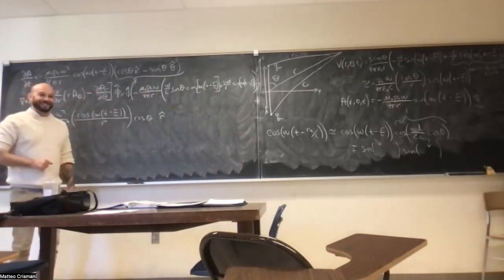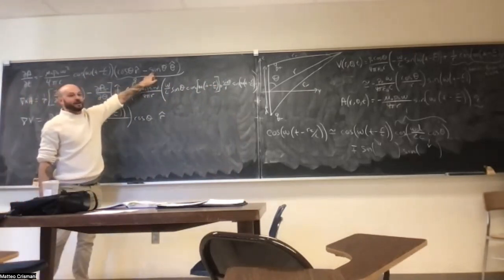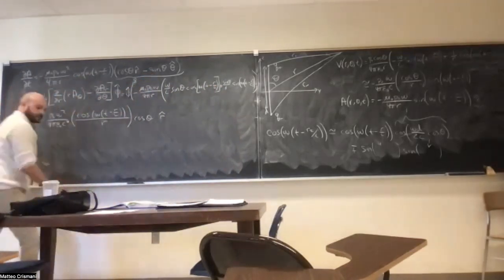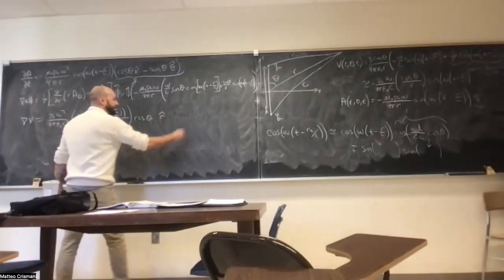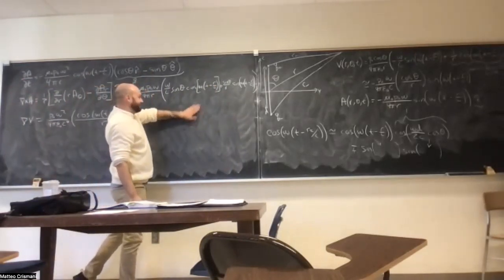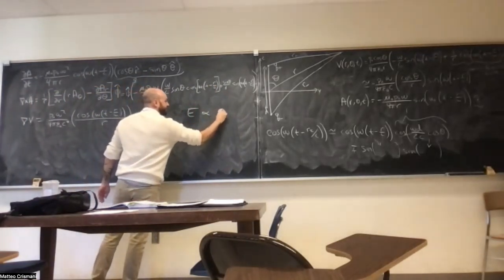All the work that you just did was to show that this and this disappear and we only have a theta piece in E. So E goes like theta.